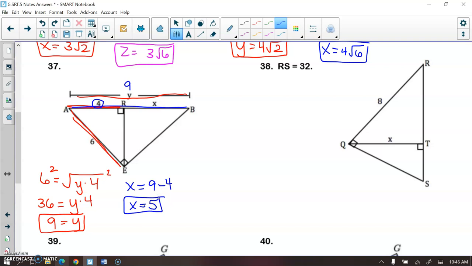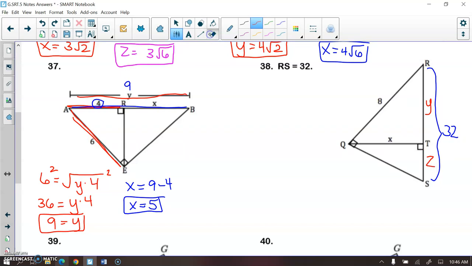All right, this next one's a little bit complicated. We have our s being 32, so we do have the whole hypotenuse. We want to find the altitude, but in order to find the altitude, we need to be able to find, I'm going to label RT y and TS z. We need to be able to find y and z.